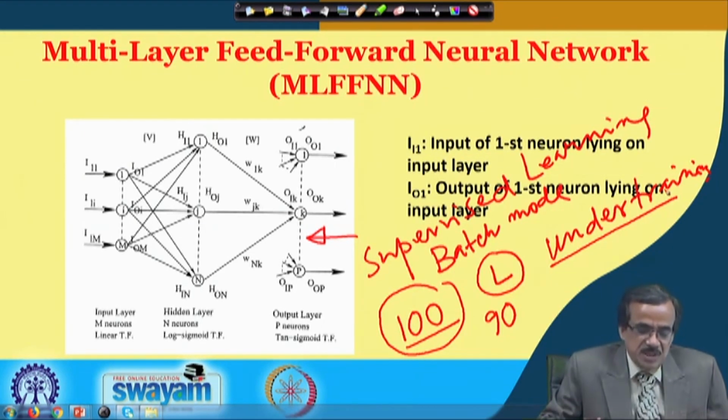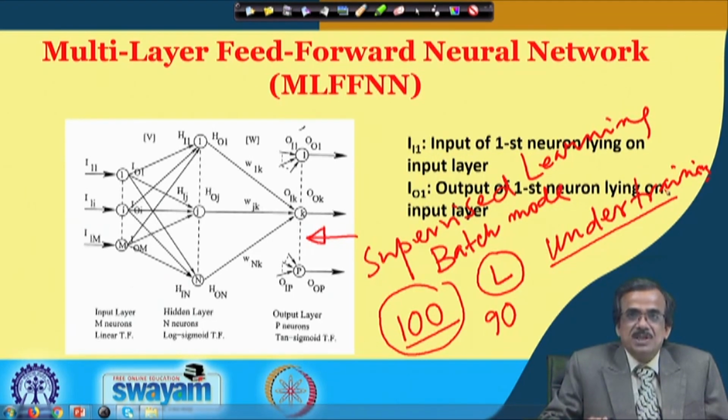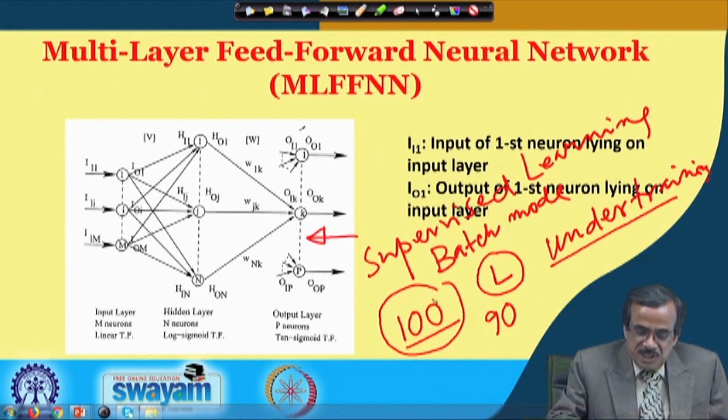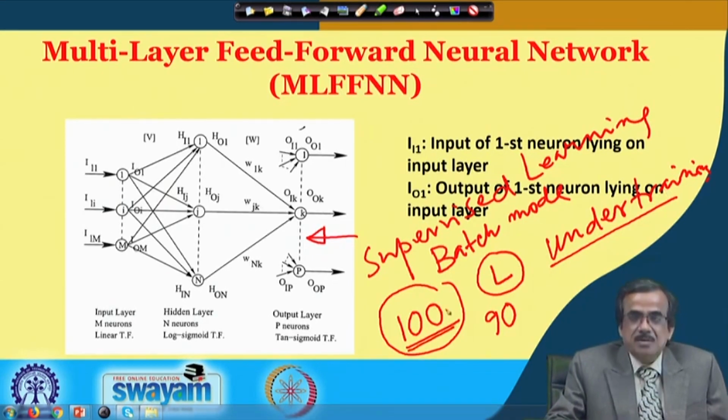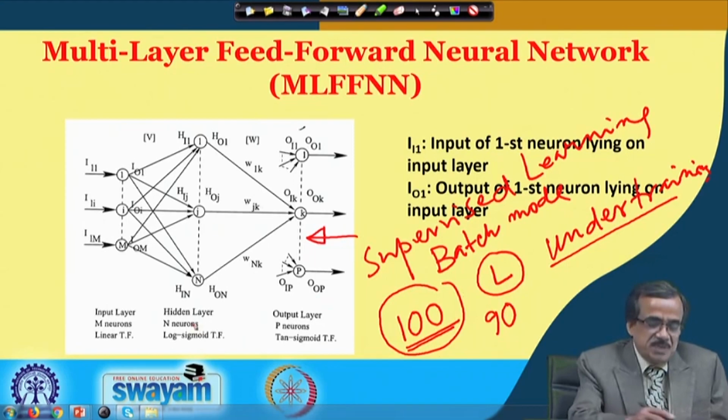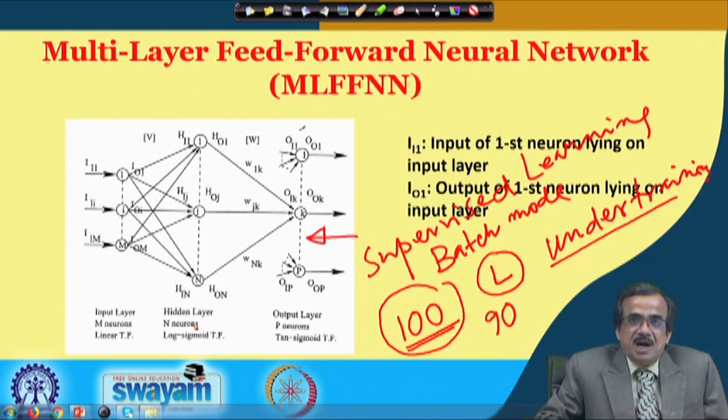Supposing that I have only 100 design variables, and if I use 1000 training scenarios and train this particular network for a very large number of iterations, say 5000 iterations, what will happen to this network? Is this network going to give a very good performance?